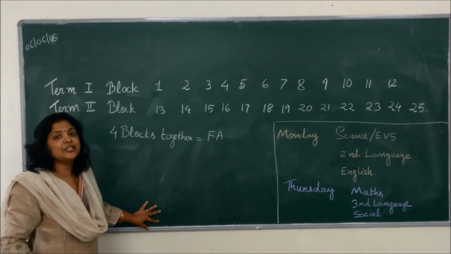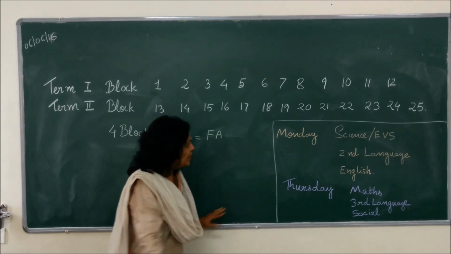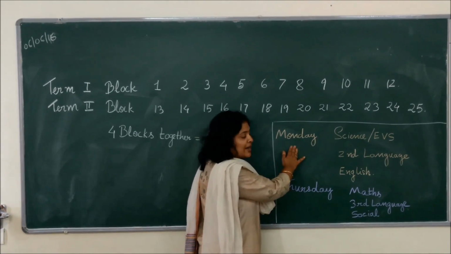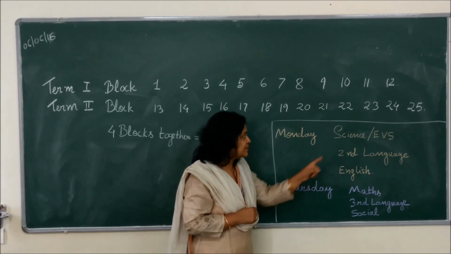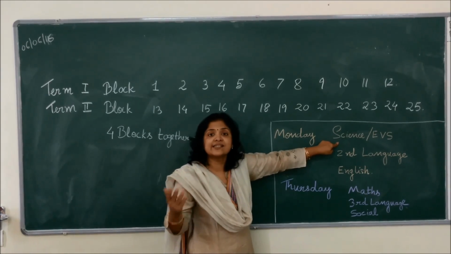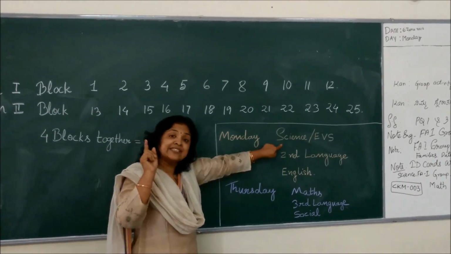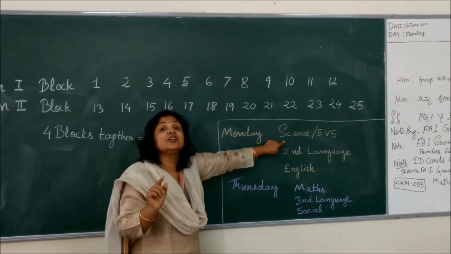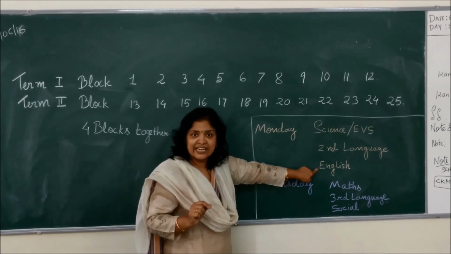Now I will explain to you how the block assessment dates are fixed. On Monday, the child will be having 3 block assessments: Science or EVS, where if the child is in first and second standard he will have EVS, and if the child is in third standard he will write Science; then second language and English.